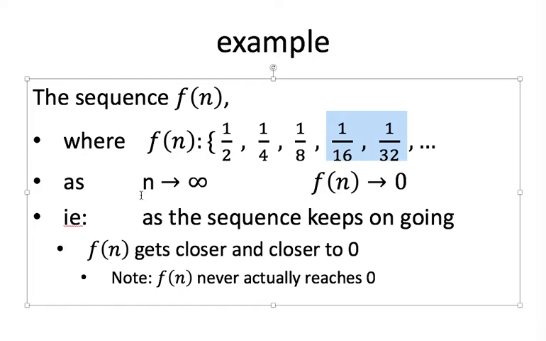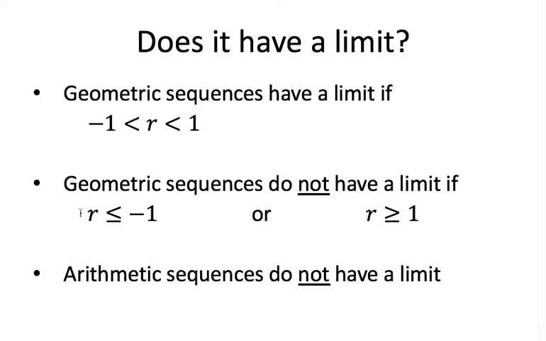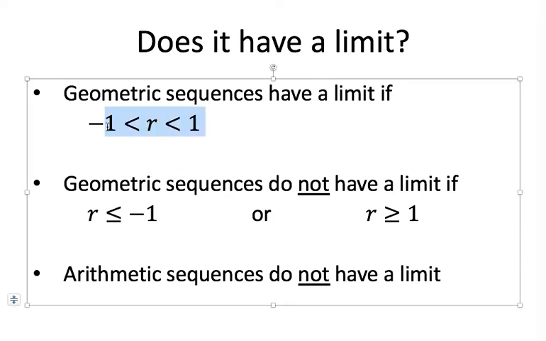So this one had an r value of 1/2, and because that r is between -1 and 1, that geometric sequence, f of n, had a limit, which we said was 0. Now, if you have a geometric sequence where the r value is either bigger than 1 or smaller than -1, it will not have a limit.